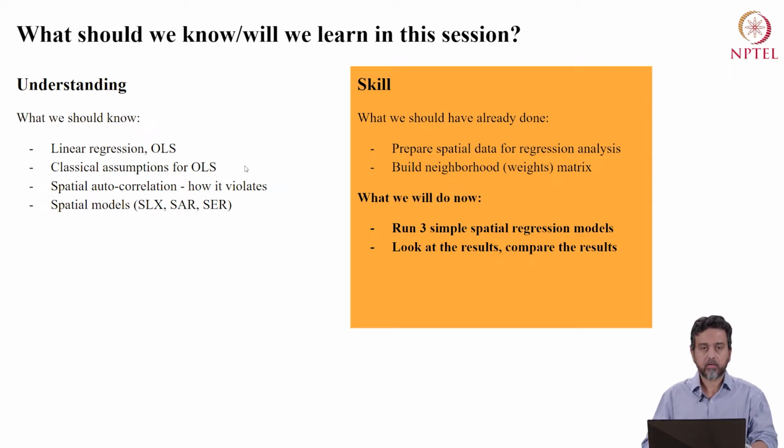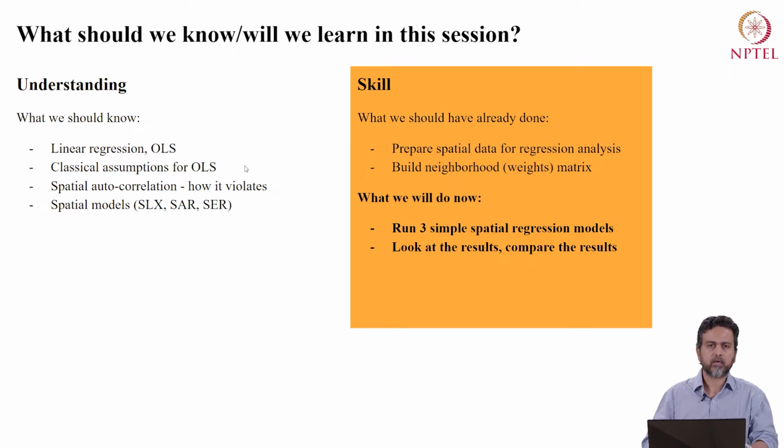In the last session, what we did was we prepared our spatial data for regression analysis. If you recall, it was groundwater levels data, and we were trying to explain groundwater levels in space using some observations on rainfall, temperature, and cropping.